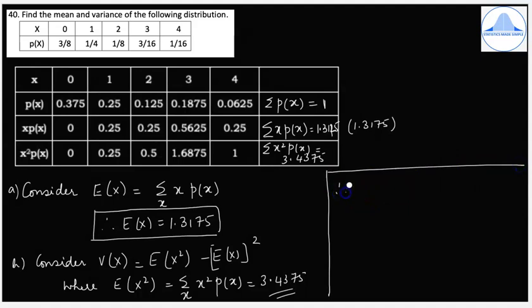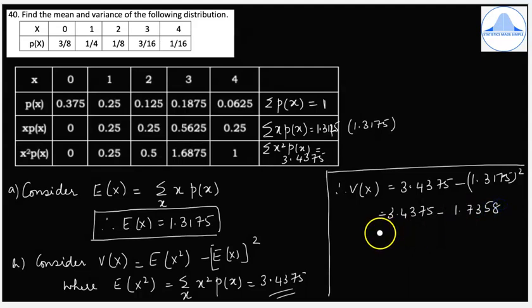Therefore, variance of x is equal to, for E of x square, substitute 3.4375 minus E of x the whole square, which means 1.3175 the whole square. So this is 3.4375 minus 1.7358, which is 1.7017.